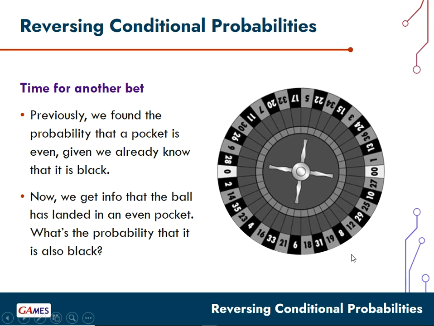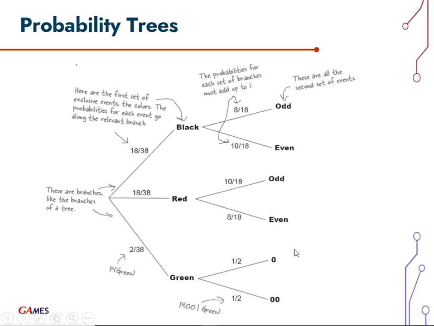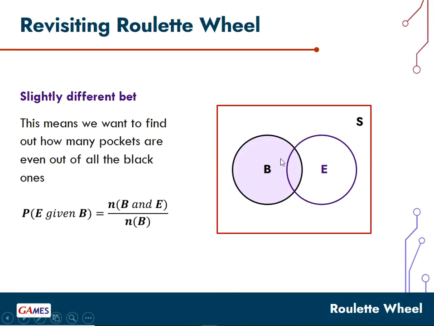So that reduces the size of the sample space, because now you're only going to be considering these black pockets. All right. So instead of getting the probability of even by looking at the entire sample space, now the ball enters black pockets.